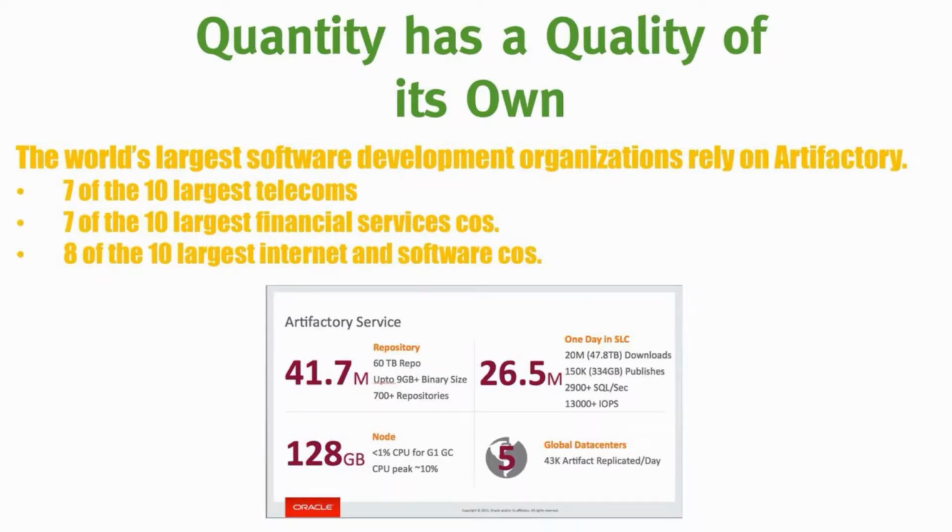But what we learned is that really big organizations, really big customers and users of ours, have their own set of qualities that only manifest themselves at a big scale. What you see here is a quote from Stalin: "Quantity has a quality of its own."